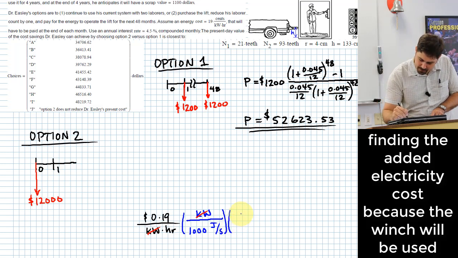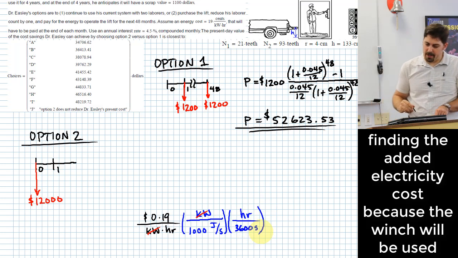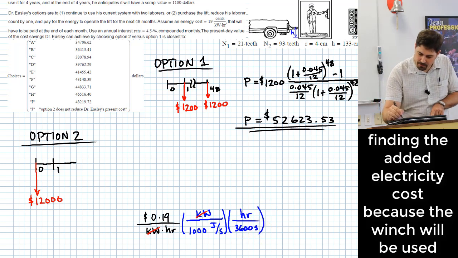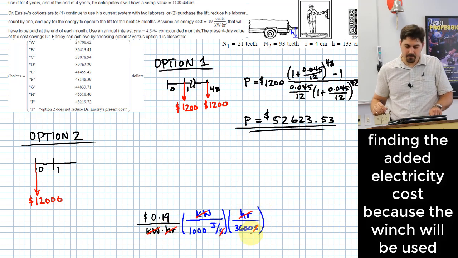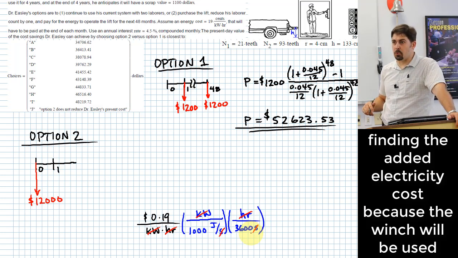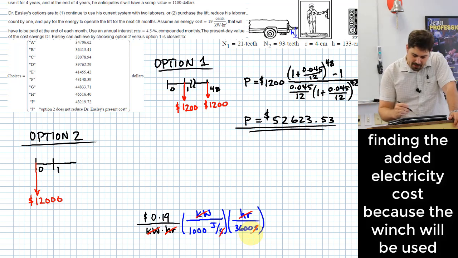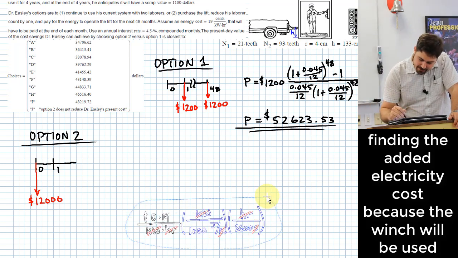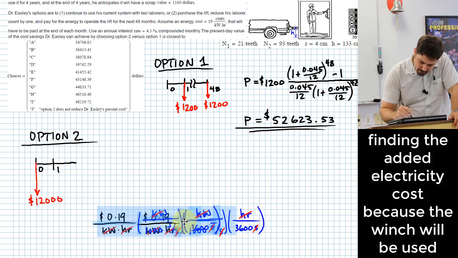So what do I do? So what does multiplying by an hour per 3,600 seconds do for me? Okay, cancels the hours, cancels the seconds. Okay, now what I have is 19 cents per certain number of joules once I multiply those in together. Okay, well that's helpful.